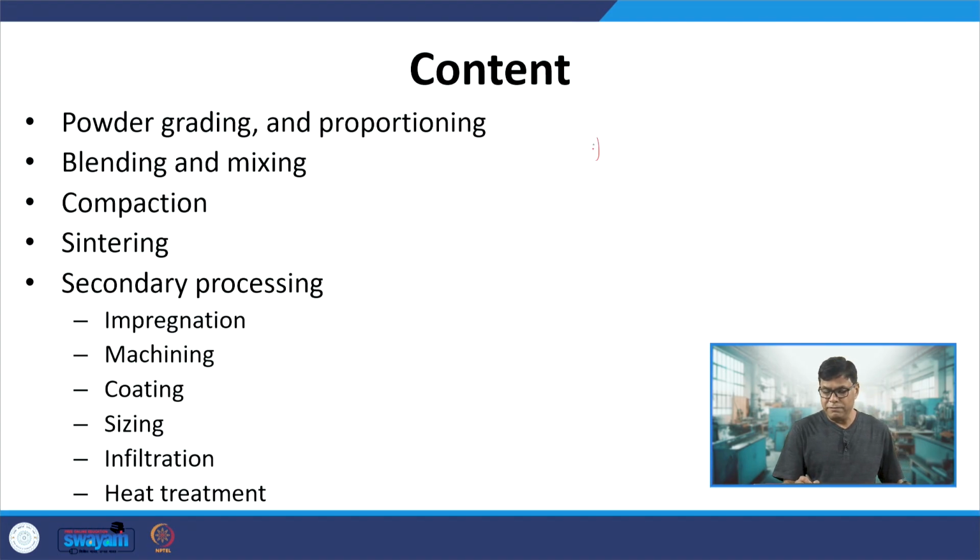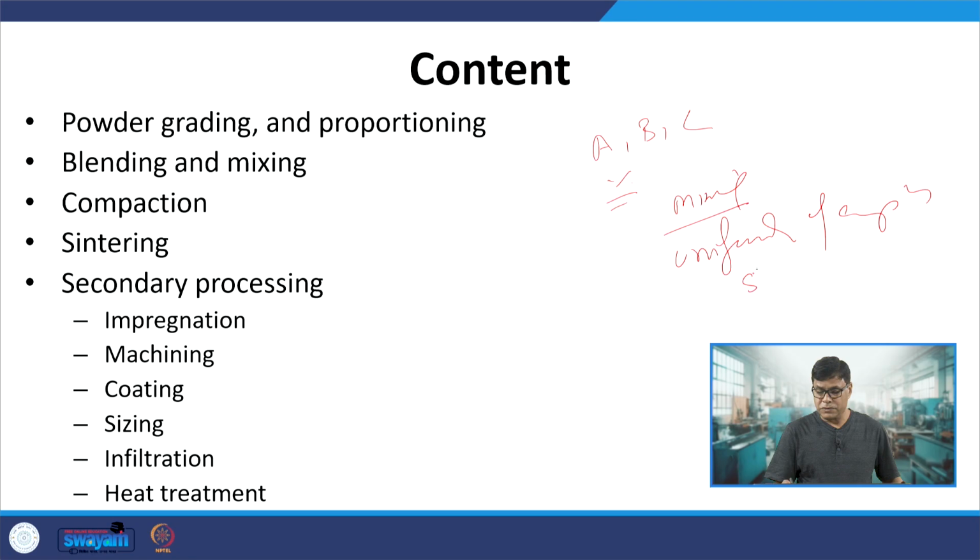Once we have identified the different constituents A, B, C and their proportions in terms of the type of constituents as well as sizes, it is important to do the proper mixing so that there is uniformity of composition, structure and properties. So, the blending and mixing of the different constituent powders is important.